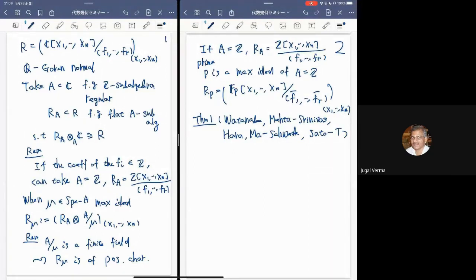Fix A and R_A as above. Then the following three conditions are equivalent to each other.